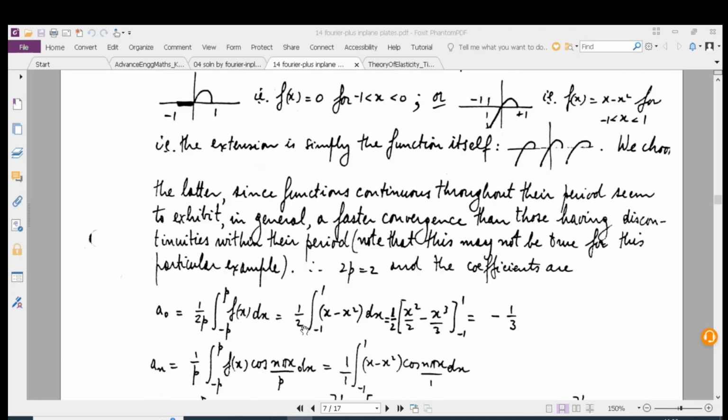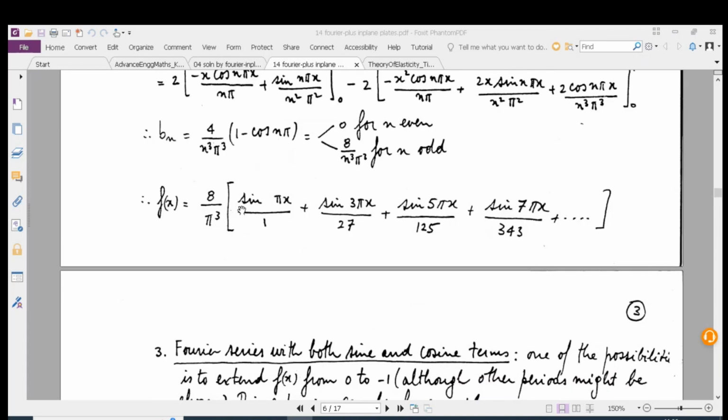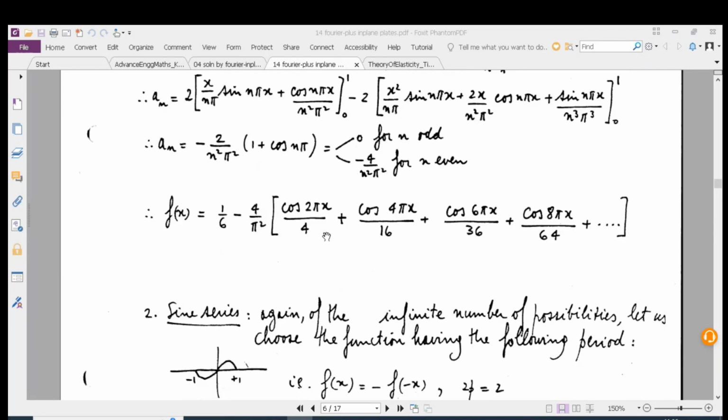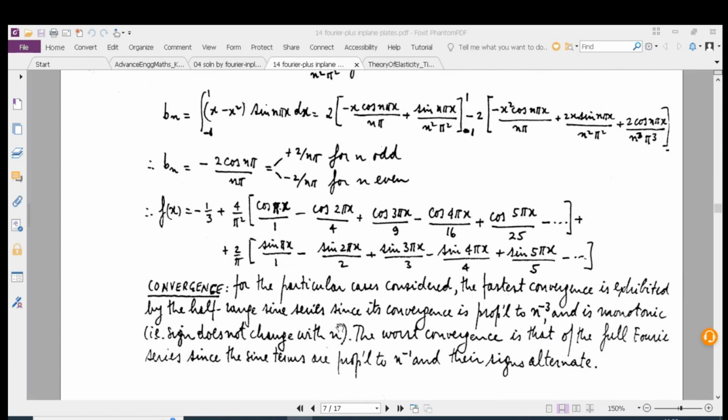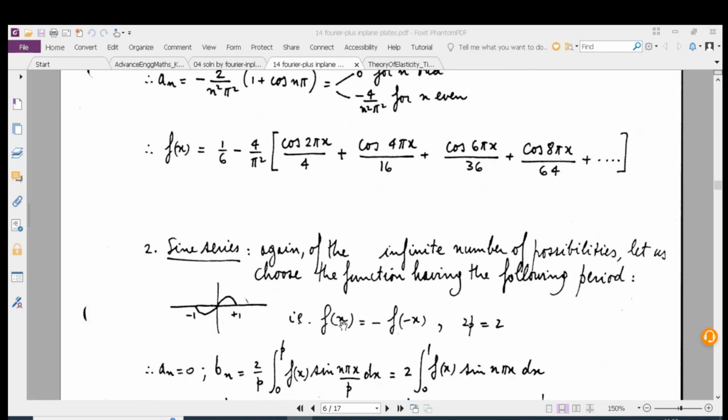This clearly tells us that for the given function, the sine Fourier series convergence is fastest. After that, the cosine series convergence is faster. The full series is the slowest of all three in convergence. So this is an important understanding of different types of Fourier series.